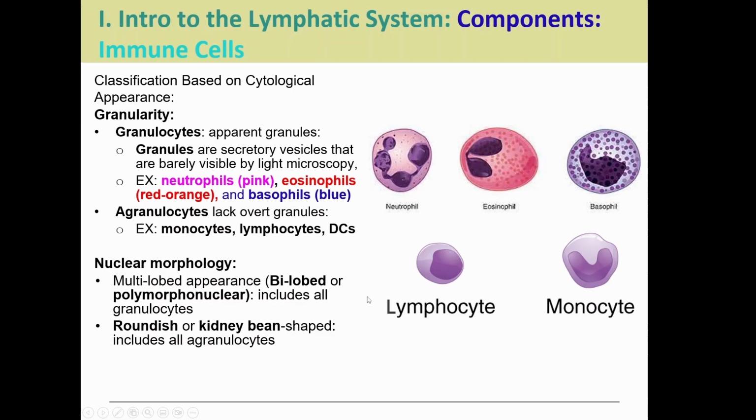When we look at the agranulocytes, like the lymphocyte and monocyte, we don't see that lobular appearance. With the lymphocyte, it's very round, it takes up a lot of space inside of that cell. And then with the monocytes, we see kind of like a horseshoe or a kidney bean shaped nucleus instead. So if you think about the granular appearance and the nuclear appearance, you can use that in combination to very easily identify these cells.